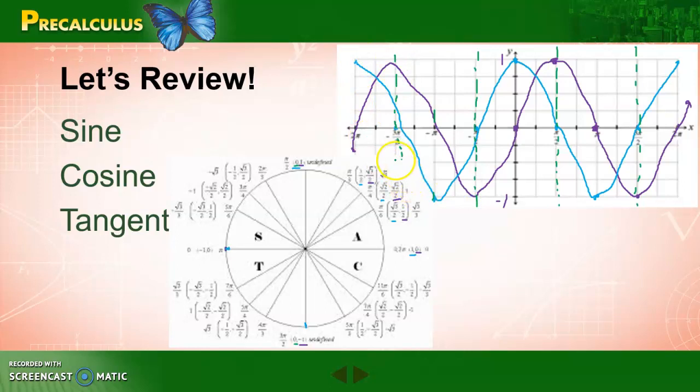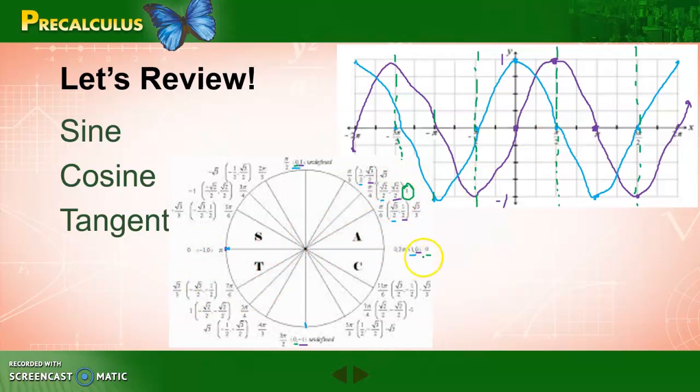All right, and then you can see our tangent function at pi over 4 is where it crosses the axis here at 1. So this is pi over 4, looks like. Oh, that's where it's 1. Sorry about that. Here we go.